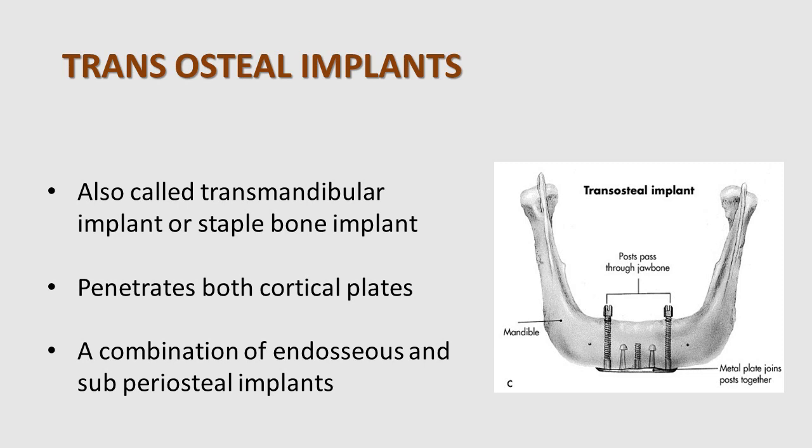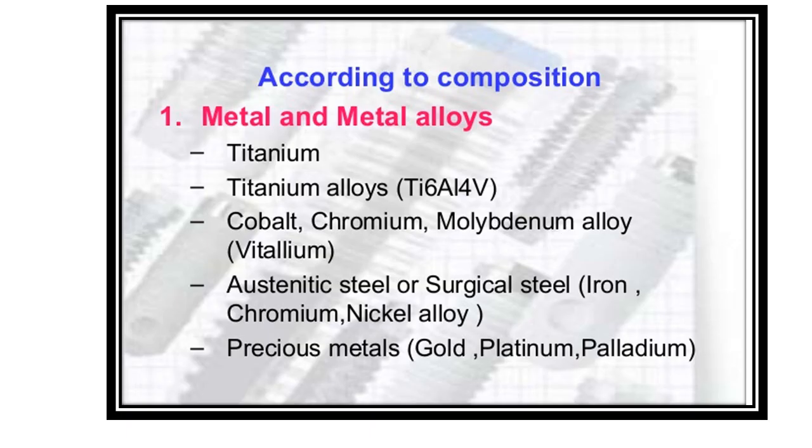It is composed of metal plates which are joined together. So again, the design of the implant depends on the clinical condition and the requirement, and there are a lot of other factors that you look at before deciding what kind of implant to give to the patient.